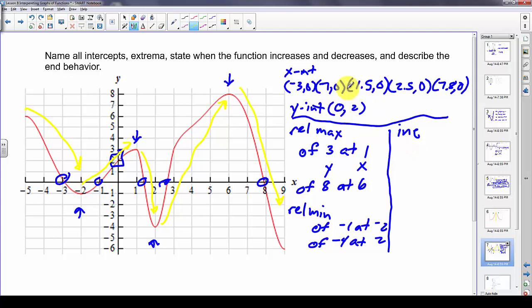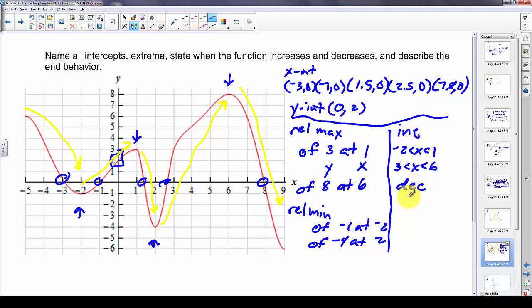So we're going to say it increases when x is greater than -2, but less than 1. It also increases when x is greater than 3 and less than 6.